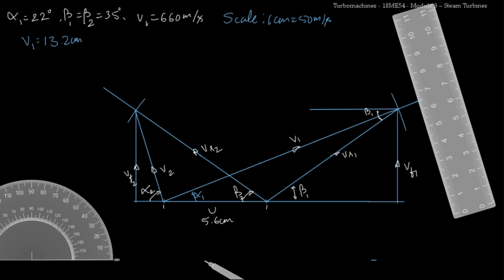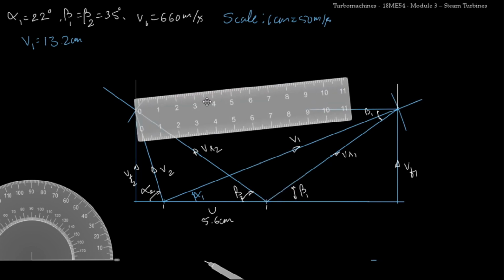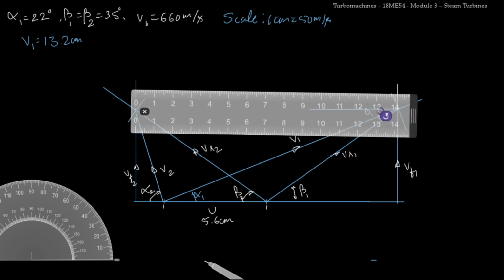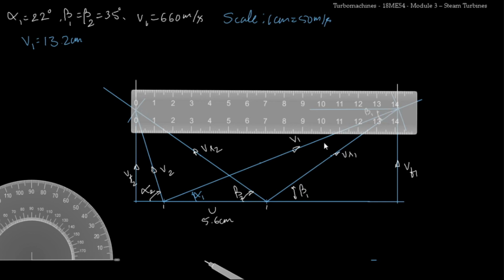For that, I need to measure the horizontal distance between VF1 and VF2. So here I'll draw a vertical line, and here also I'll draw a vertical line. Around 14.1 centimeter.